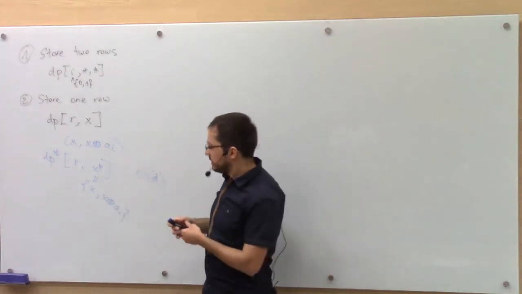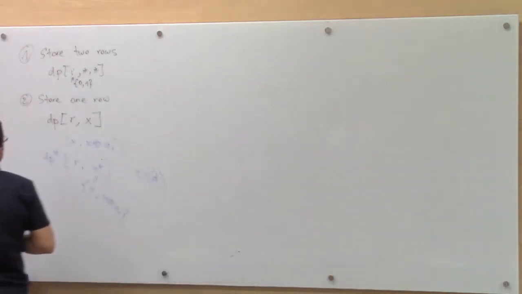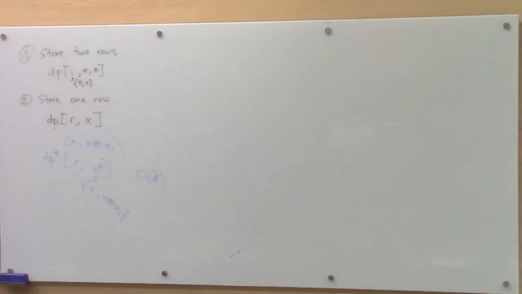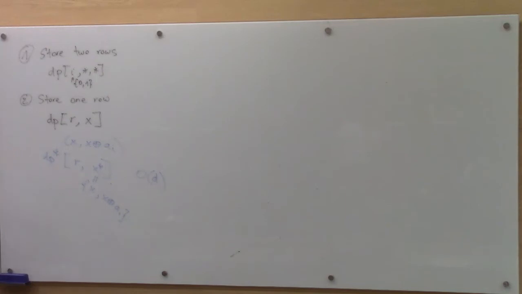Okay, that will allow us to store the whole information only in one row. So this is a nice trick which really uses the specificity of this problem, and it will allow us to store the whole information in one row.